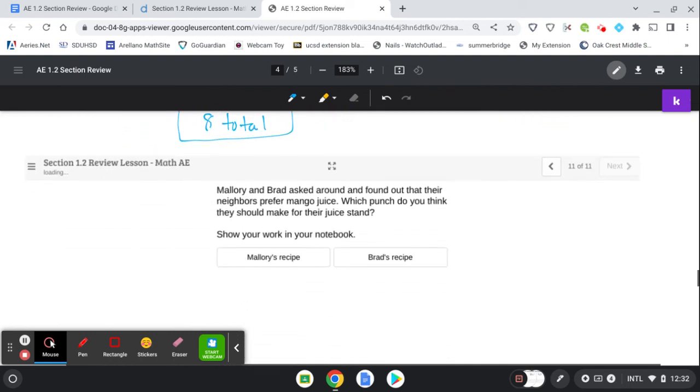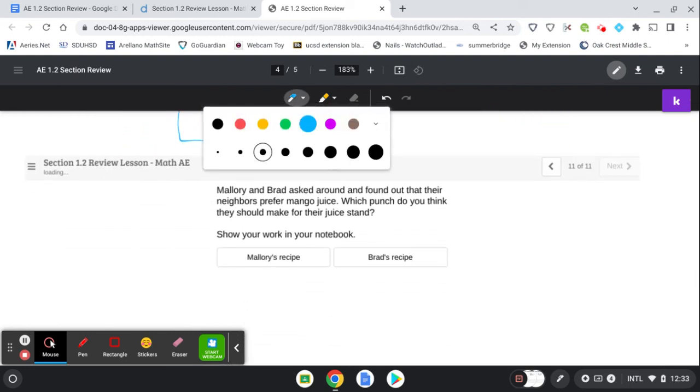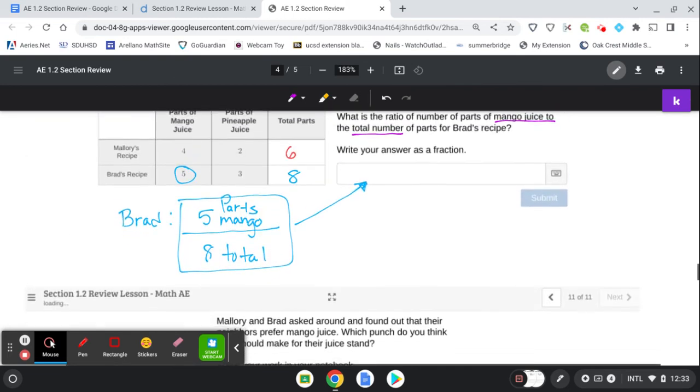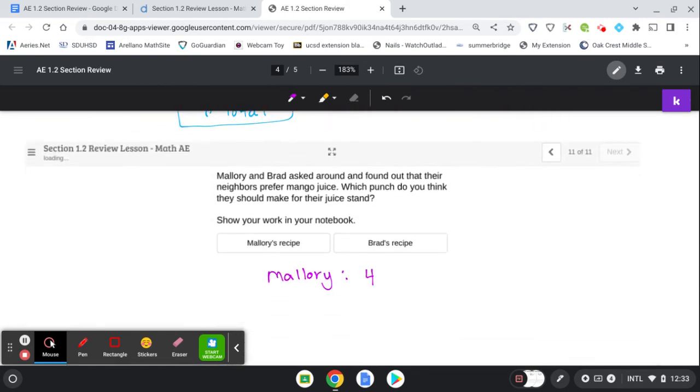Okay, so what we're going to do is we're going to make equivalent parts. So Mallory had 4 parts mango to 6 total parts.